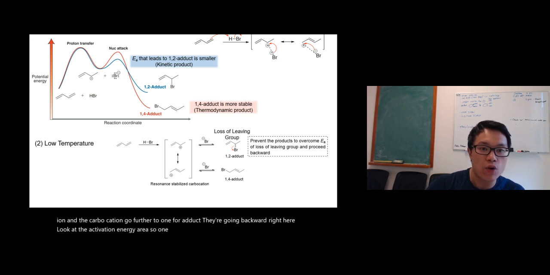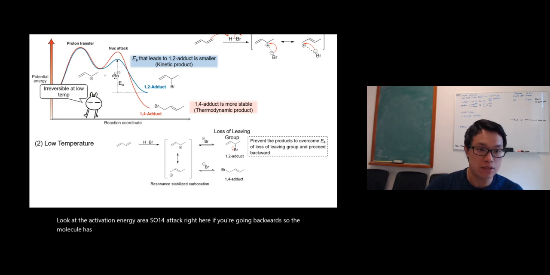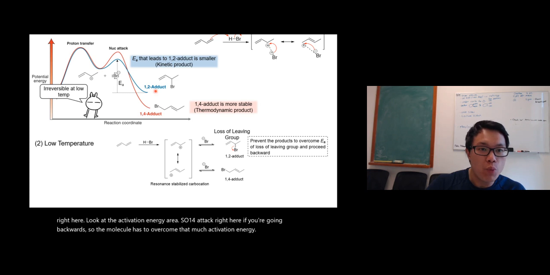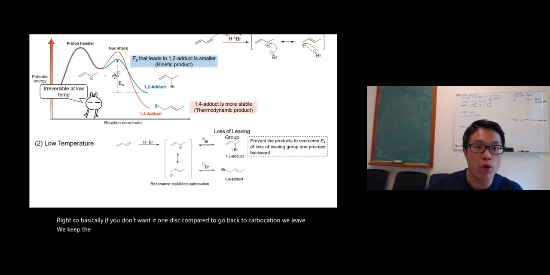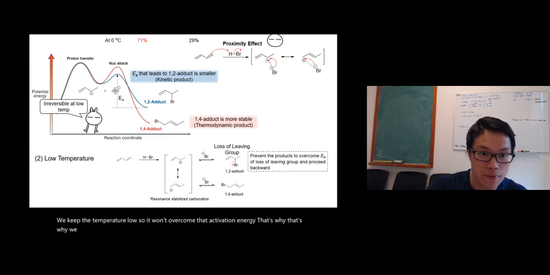If you're going backward, the molecule has to overcome that much activation energy, right? So if you don't want this compound to go back to the carbocation, we keep the temperature low so it won't overcome that activation energy. That's why we use low temperature.